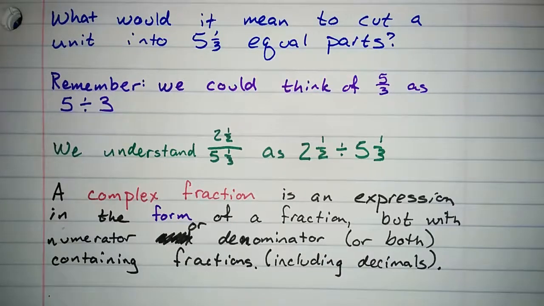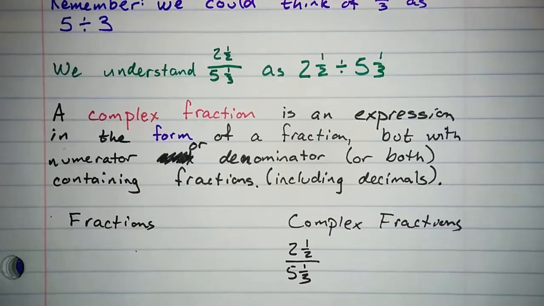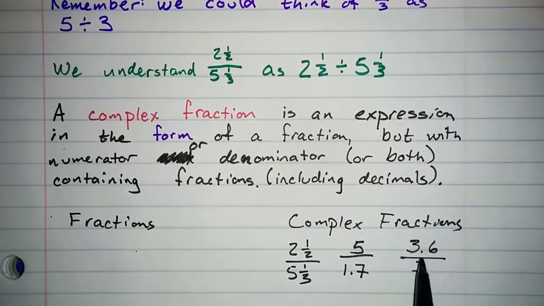So just some examples. 2.5 over 5 1/3, which we've mentioned before, that's a complex fraction. 5 over 1.7, that would be a complex fraction. Note the denominator contains a decimal. 3.6 over 7/3. Numerator and denominator both contain fractions here.